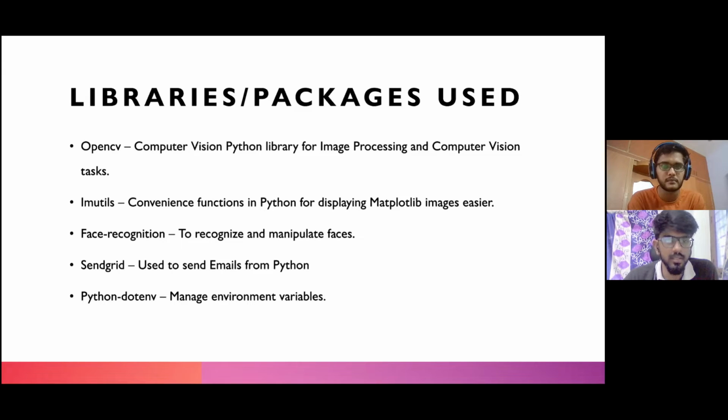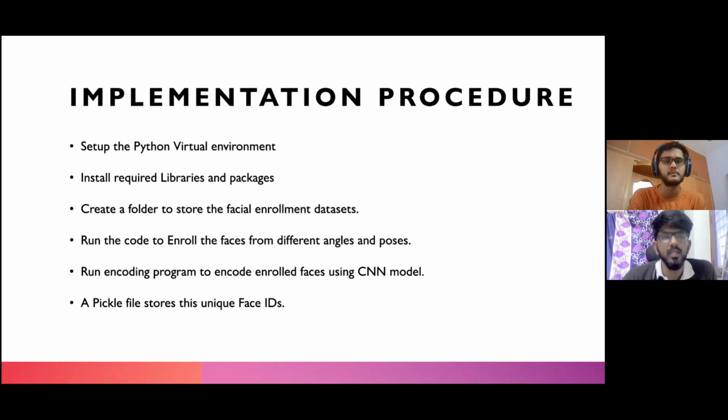And then SendGrid is another Python package we will be using in review 3. And python-dotenv is also a package which will be used to manage the environment variables of the Python programming. So the implementation procedure is quite a big process.